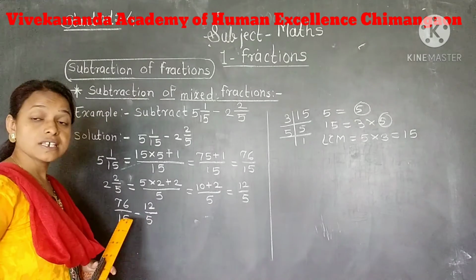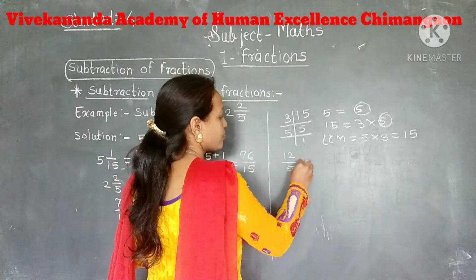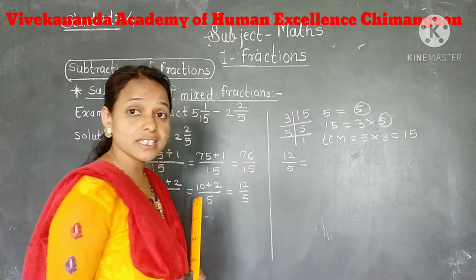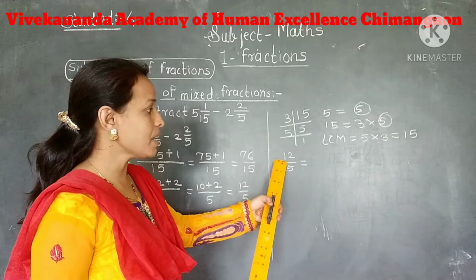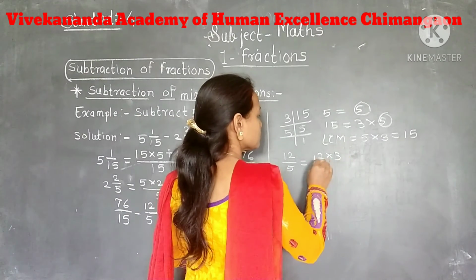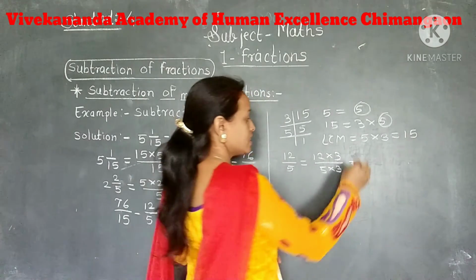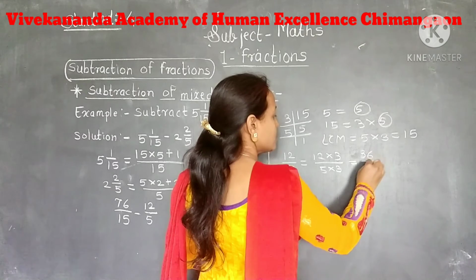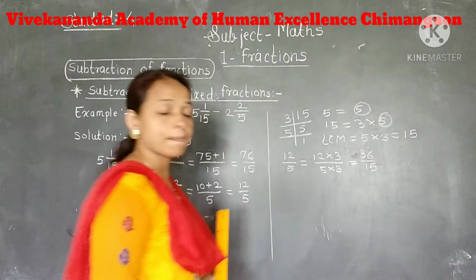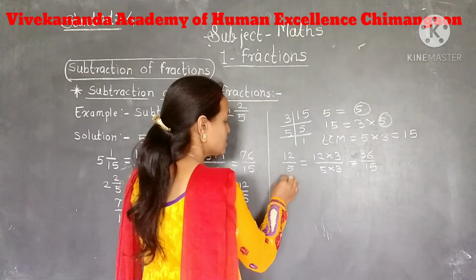So we change the second fraction. So 12 upon 5. 5 3s are 15. So we multiply 12 by 3 and 5 by 3. 12 3s are 36 and 5 3s are 15. Now we get like fractions, so we can subtract.